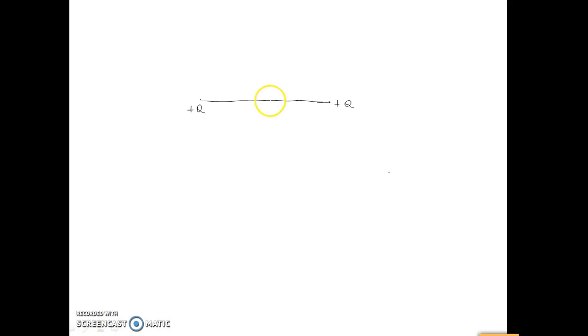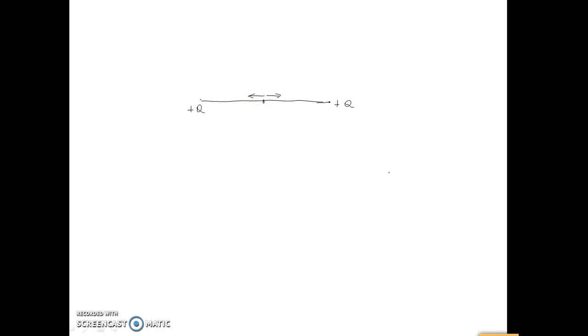Let us consider one last point. Suppose we take this case where we have two charges plus Q and plus Q. Then at the midpoint of the line joining these two charges, you can see that this first charge is producing a field in this direction, that is repelling, and this second charge is producing a field which again has the same magnitude but in the opposite direction.